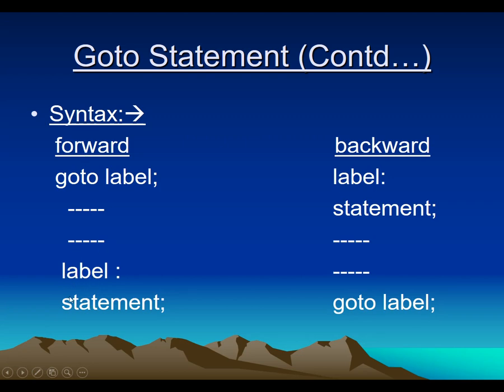That is called forward. Reverse of this is backward. What we have to do in this backward? First we have to mention the label and statement, and then we have to check for the go to statement. This is the difference. This will come over here and this will come at the top of this, which makes the difference between forward and backward.